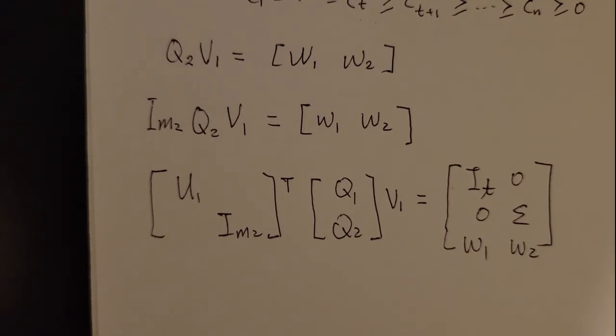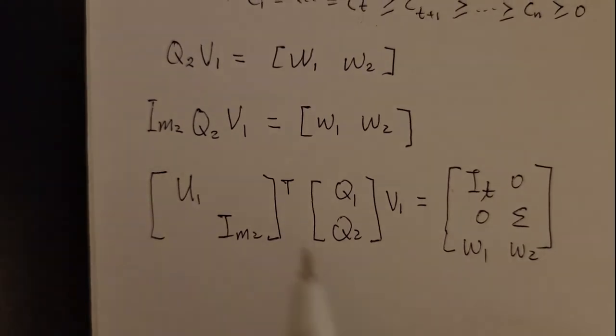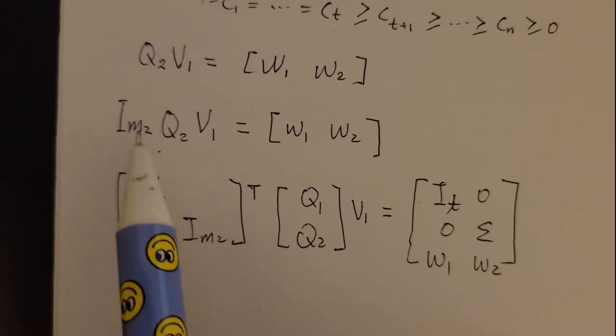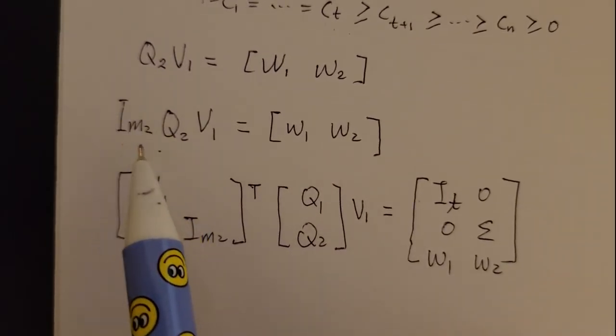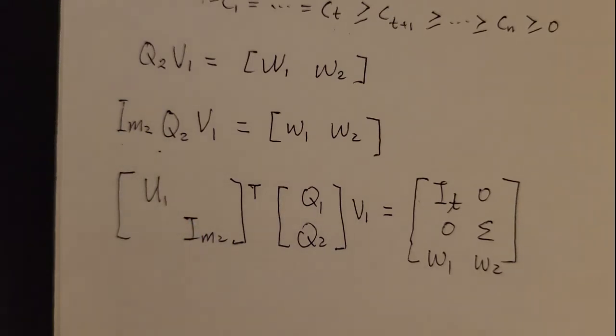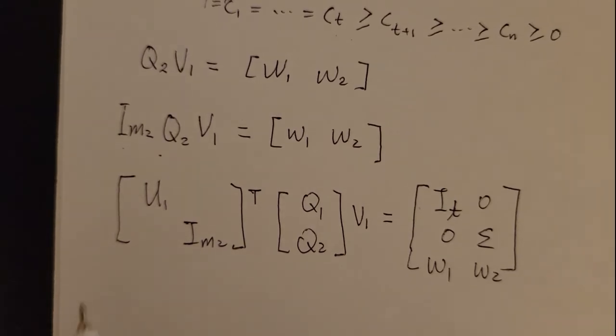That's equal to W1 and W2. The reason why we have this identity matrix is because we want this to act like a placeholder.